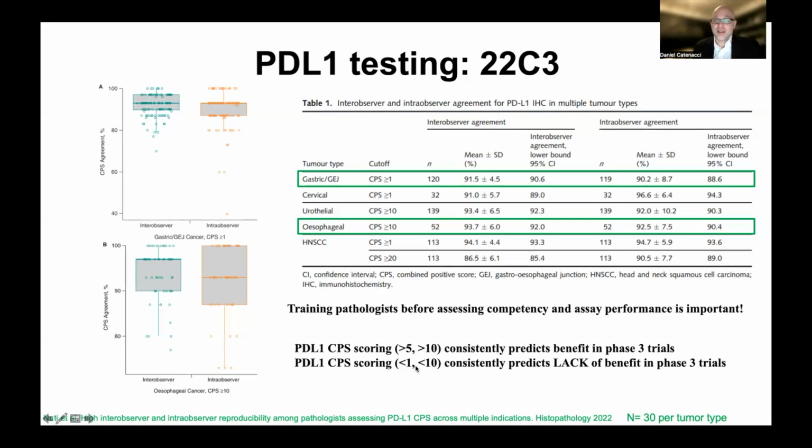And so from a central scoring perspective, because all of these studies had PD-L1 scoring done by central pathology testing of pathologists who had been appropriately trained, had seen high volumes of these cases, and were scoring it appropriately, it is very, very predictive.